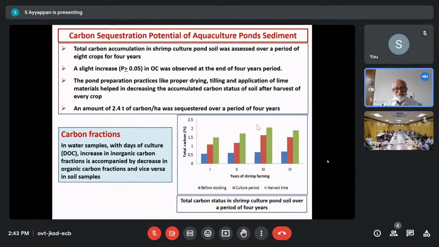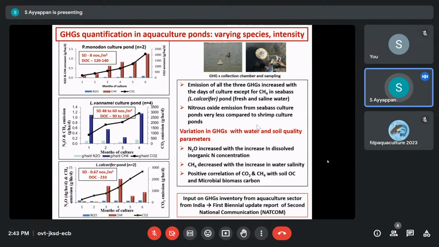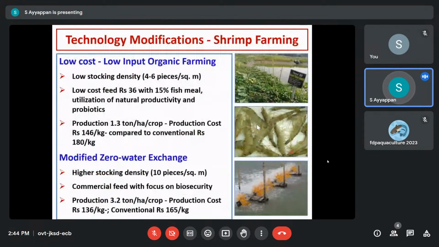For every hectare, how much carbon dioxide is sequestered is what is important. So we've been quantifying in different ponds and systems what the sequestration capacities are for some of these ponds.